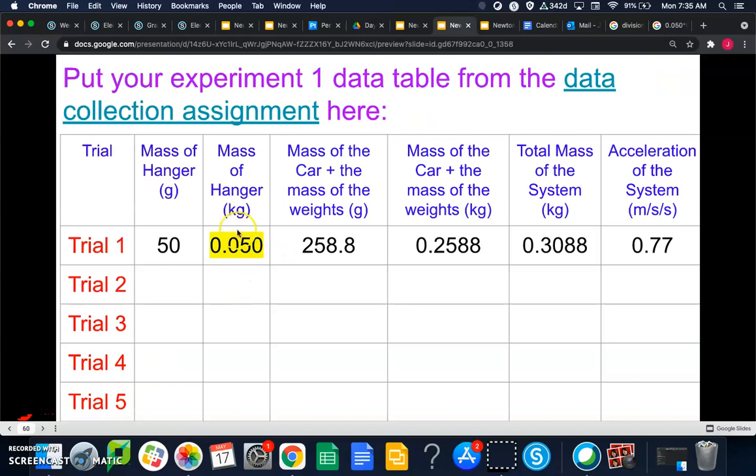Well, the mass that we're looking at is just the mass of the hanger. We don't really care about the mass of the car, and we don't really care about the total mass of the system for this calculation. The only thing that's accelerating because of gravity in this lab is the hanger. So that's the force of gravity that we're going to calculate.